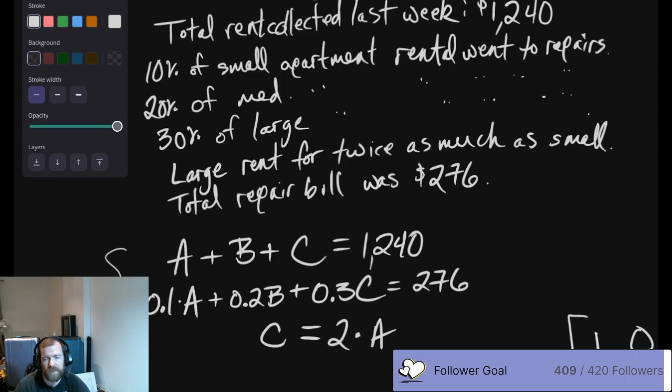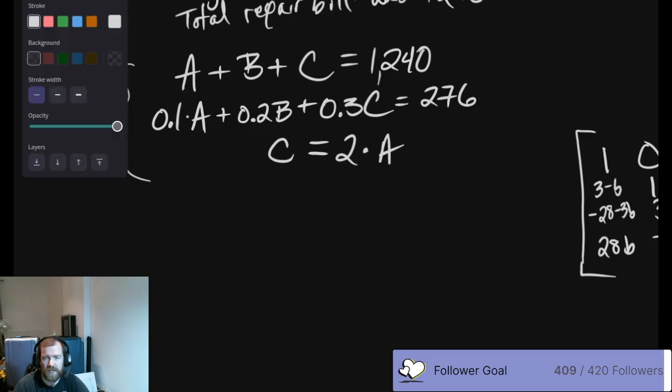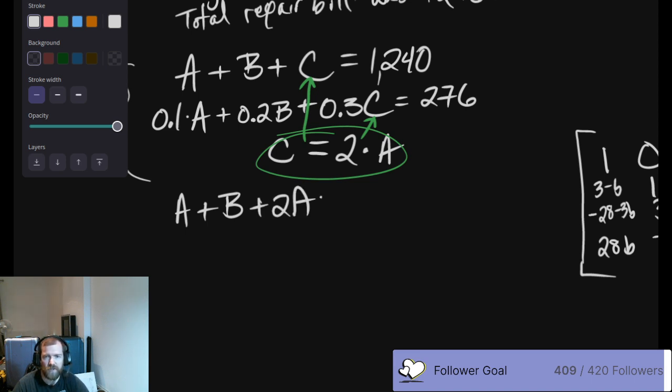Alright, so with this, we have a system of equations. Now, most algebra students are going to be taught, okay, we're going to take this thing right here, and we're going to substitute it in to the other C variables in the other equations. So in this way, we reduce this from a 3-variable equation to now a 2-variable equation.